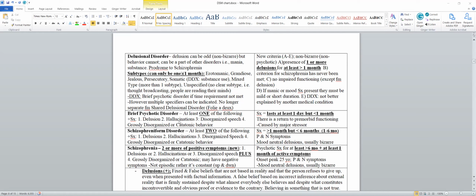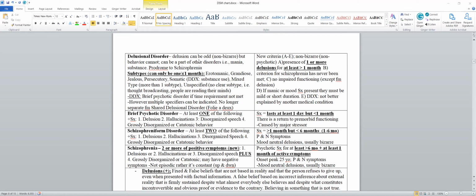So brief psychotic disorder has at least one of the following symptoms, which are positive symptoms: delusion, hallucination, disorganized speech, or grossly disorganized or catatonic behavior. Symptoms last at least 1 day, but less than 1 month.